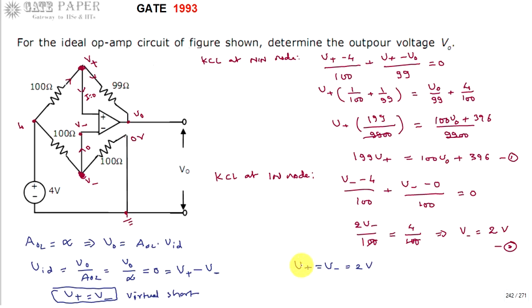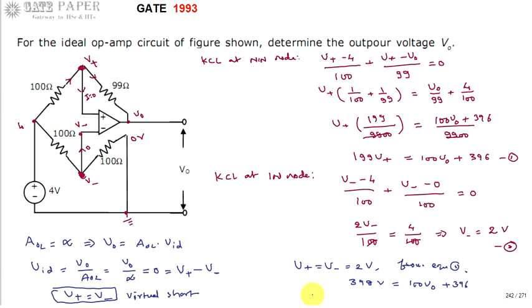Substitute V plus as 2 volts in equation 1. From equation 1, 199 times V plus, which is 2 volts, gives 398 volts is equal to 100 V0 plus 396.